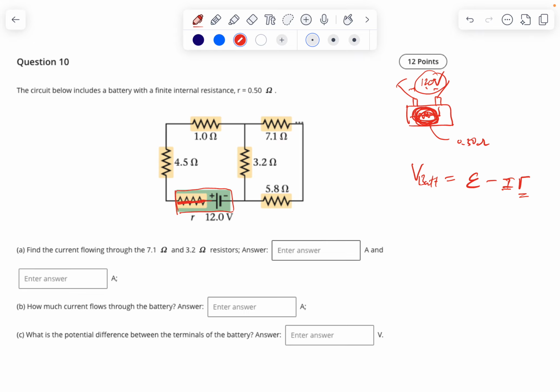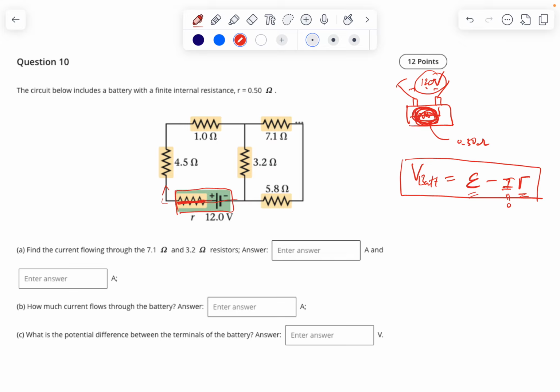So you need to find the current flowing through this branch, the current through the battery, and then the reading on the battery equals this. If the current is 0, then the reading on the battery equals epsilon.